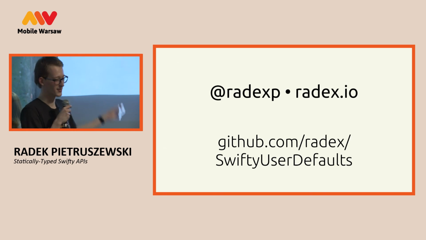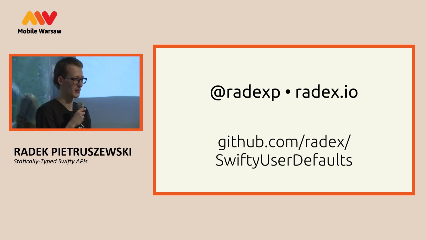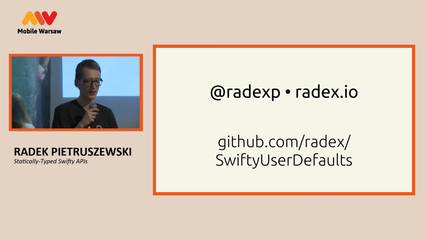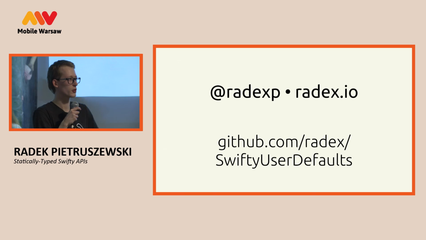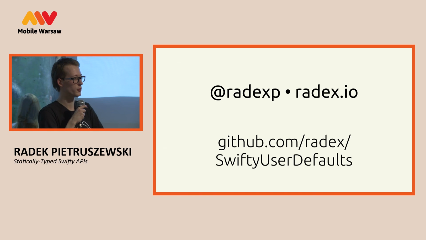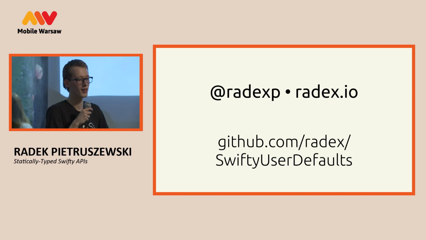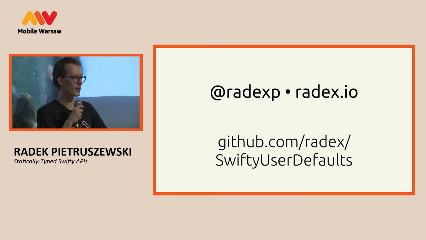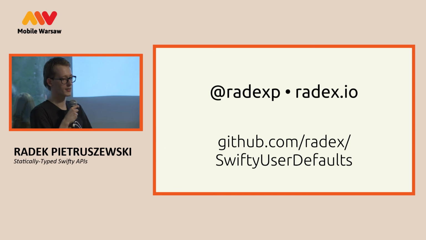So the default shortcut, the global singleton object, even though you're not meant to assign a new value to it, is defined with a var, because then you can do the chaining through the subscript to modify data that's in the user defaults.